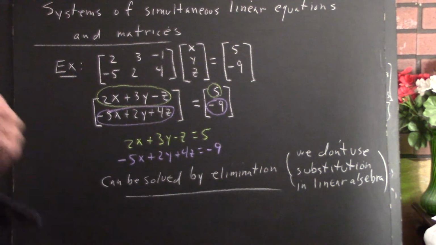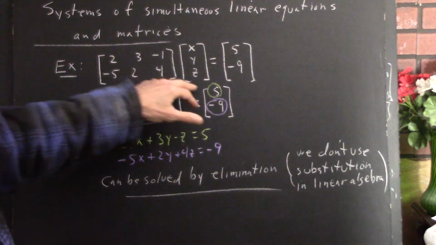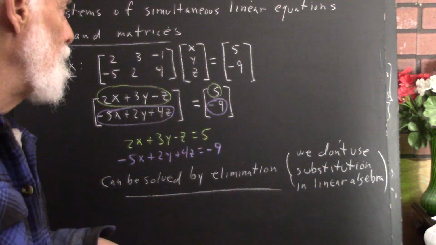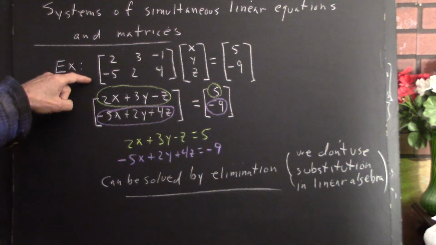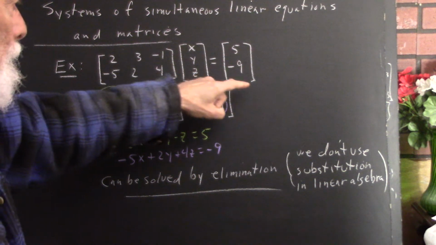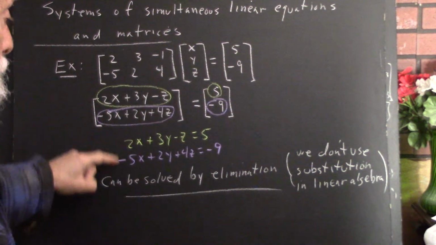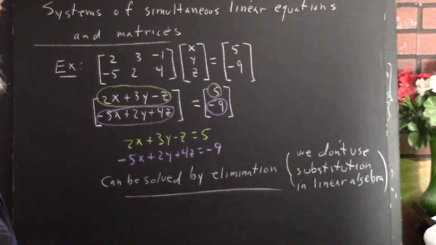Okay, we see then that any matrix equation multiplying a matrix by a column vector to obtain another column vector is equivalent to a system of linear equations.